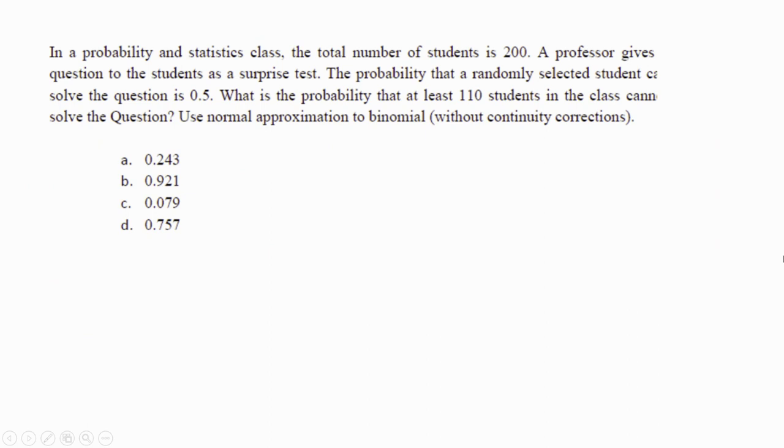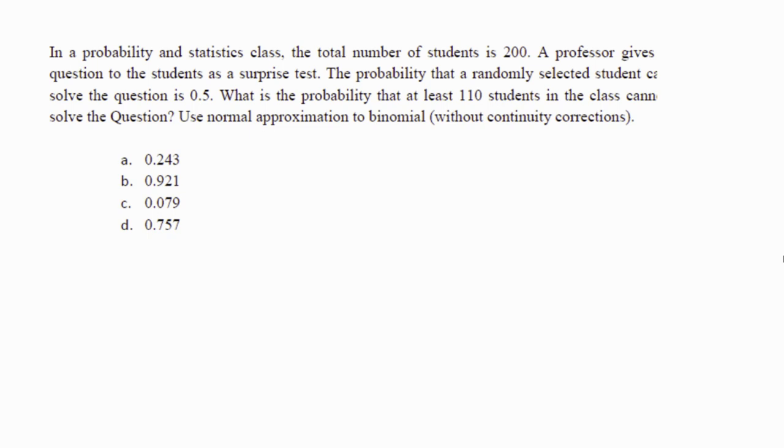The probability that a randomly selected student can solve the question is 0.5. Then we want to find the probability that at least 110 students in the class cannot solve the question, and use the normal approximation to binomial without continuity corrections.